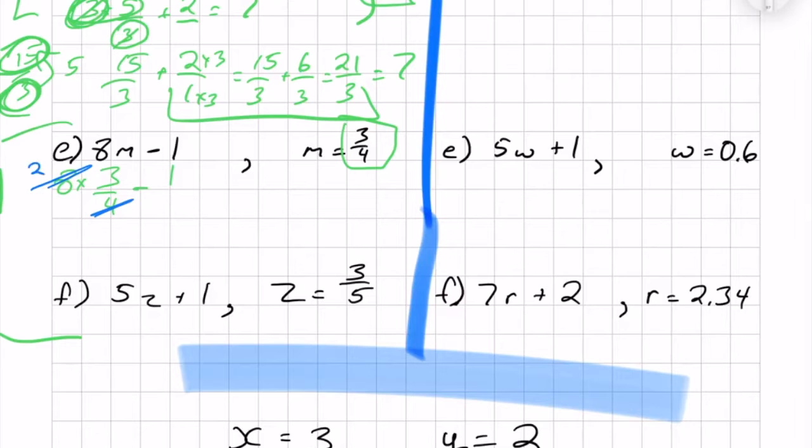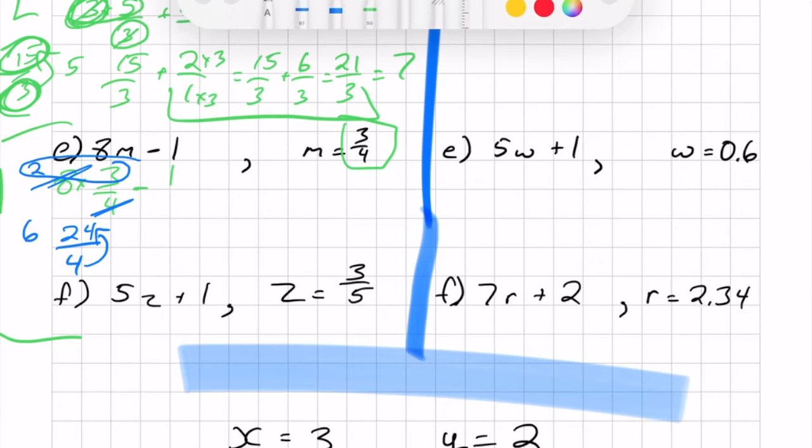Why this can happen: the 8 is going to multiply into the 3 to give me 24, and that's 4 at the bottom. I can divide that 24 evenly, and that is going to give me 6, which right here shows 6. If you need to do it all the way out, do it all the way out. But this is a shortcut that will work for you every time.